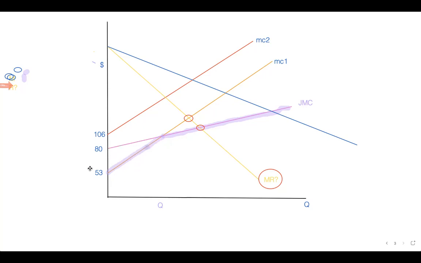Notice that none of the stuff that I have here is drawn to scale. If I had done a better job of drawing it to scale, then the 80 would be down a little bit closer to the 53 and not quite as close to the 106 and all the rest of it. So I'm going to move things around a little bit just to make the point more clearly.